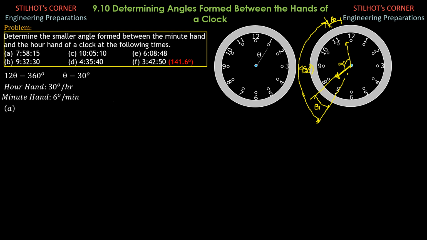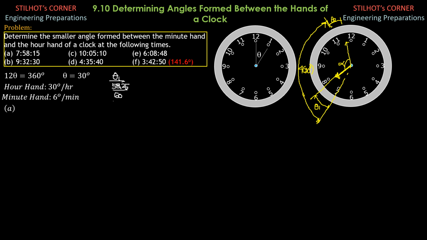Therefore, the equivalent number of minutes for theta 1 is 58.25 minutes, but we have to convert that to hours.